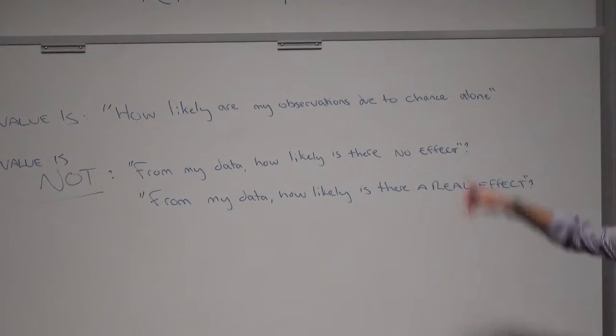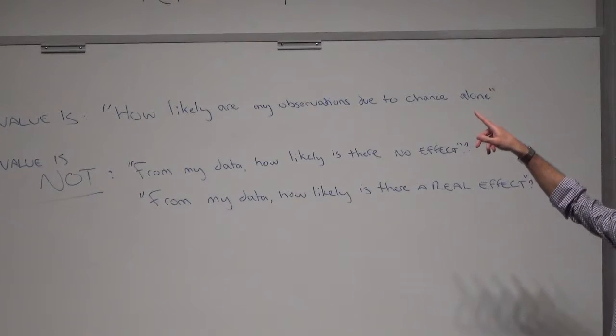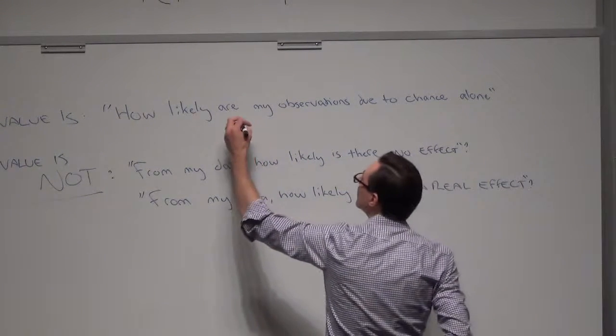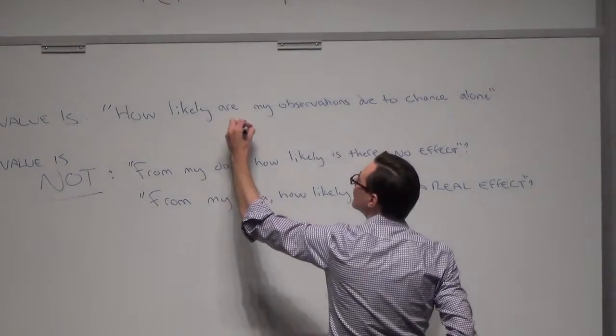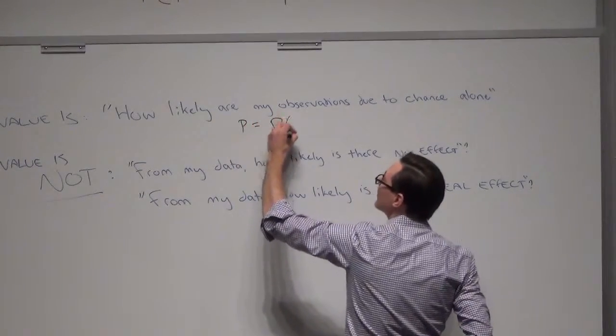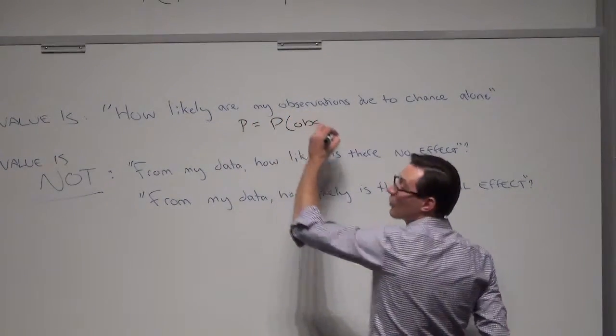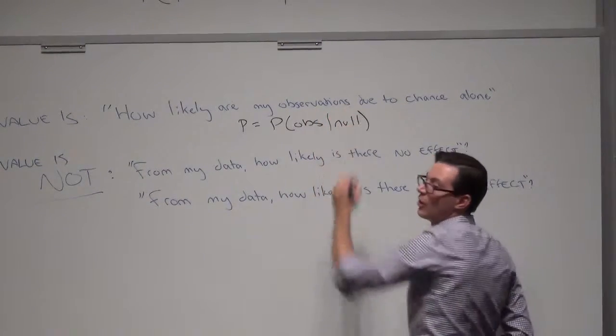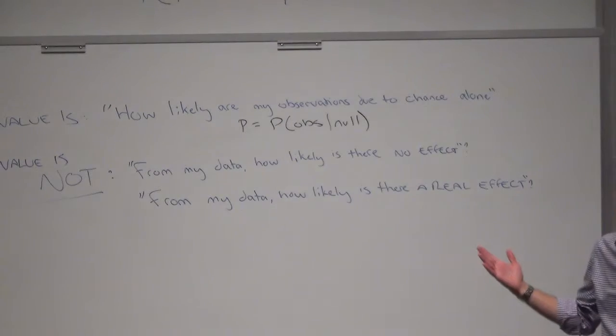So remember, we've defined a p-value as the observation as or more extreme given the null hypothesis. So I'm going to shorten this, and we'll write, okay, p-value is the probability of our observations given the null. Make sense?